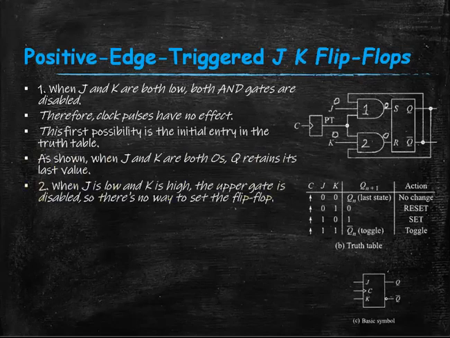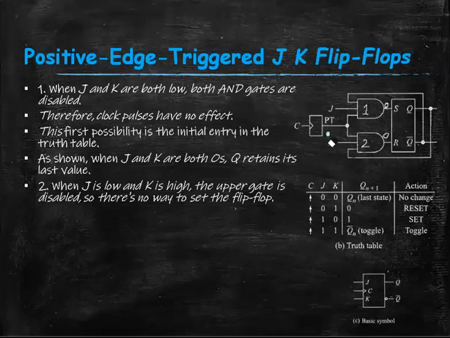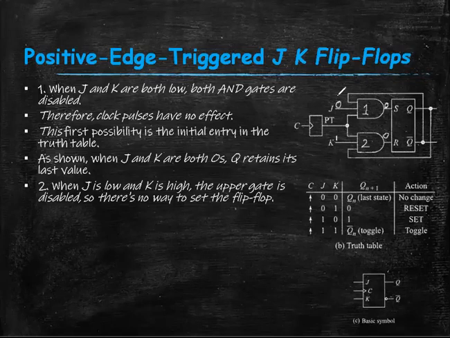And the second case is when J is low and K is high. J is equal to 0 and K is equal to 1.